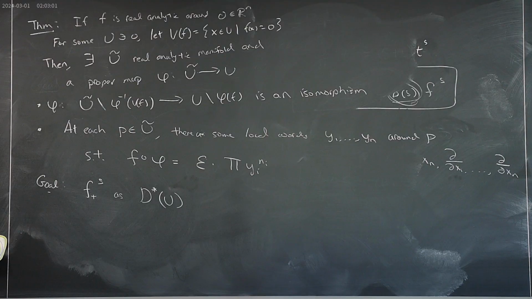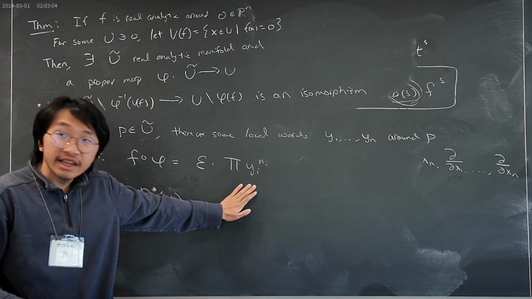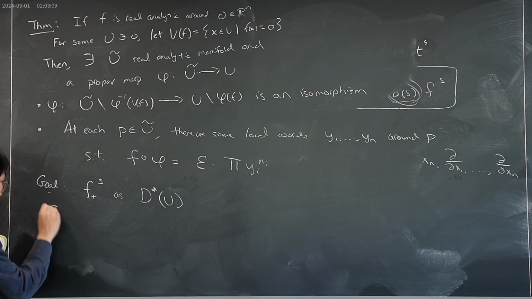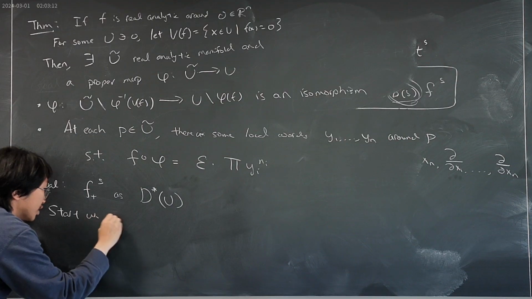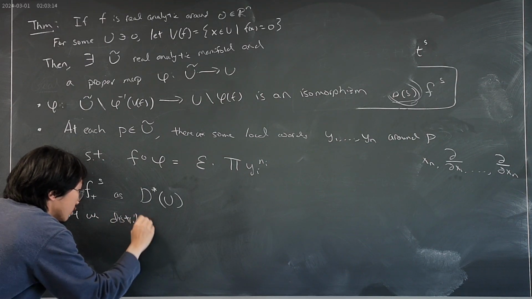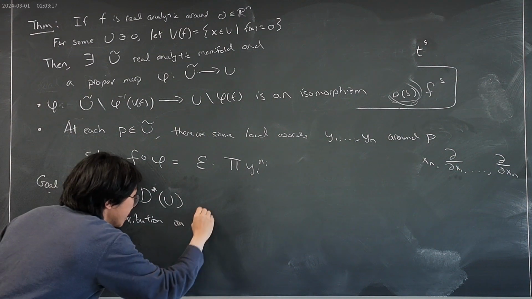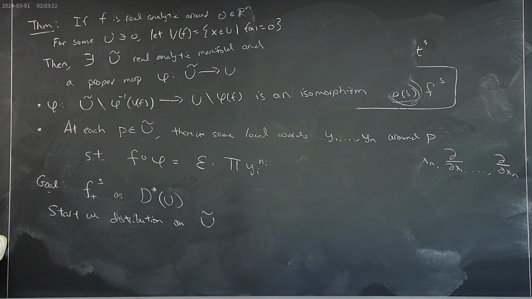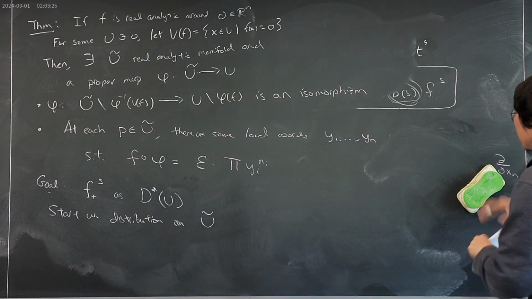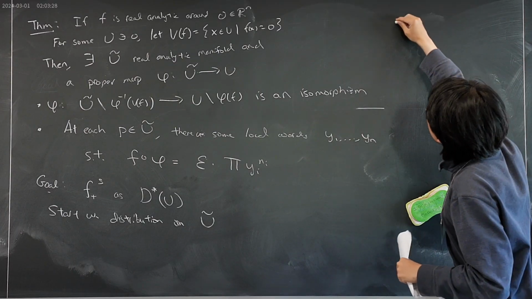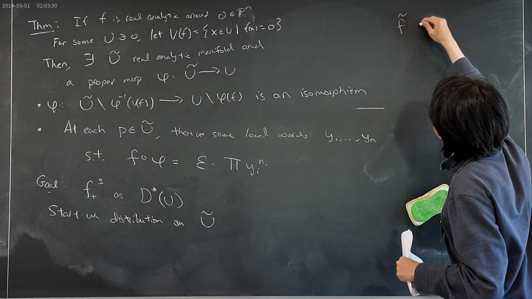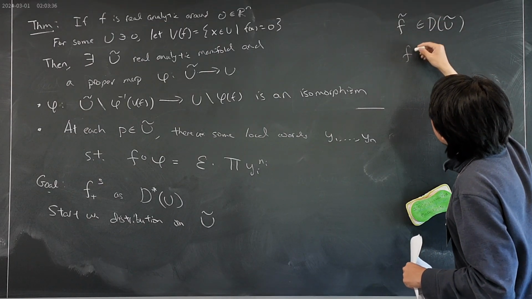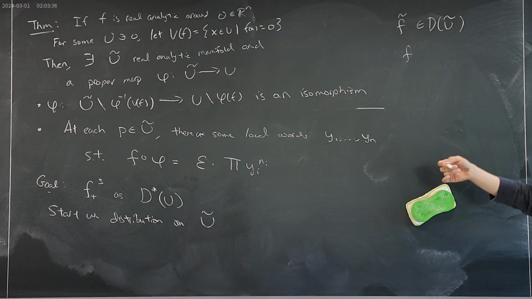Well, what we can do is start by defining a distribution on a better manifold. We can start with a distribution on U tilde, and push this forward to a distribution on U. The reason this works is that if f tilde is a distribution on U tilde, then we know how to integrate f tilde against any compactly supported function on U tilde.